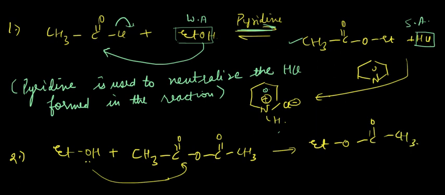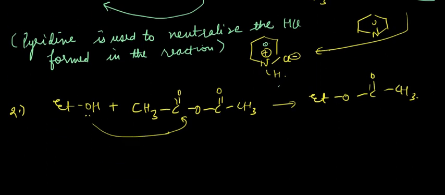Next we get this acetyl group attached to the original EtOH. Obviously H is replaced, and this is called an acetyl group.